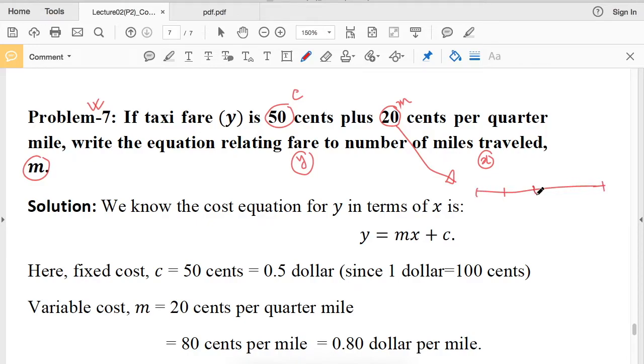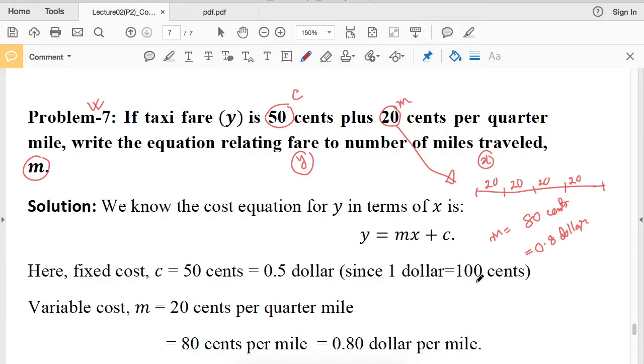Per quarter mile your amount is 20 cents. So per mile it will be 20, 20, 20 and 20, it will be 80 cents. So your m will be 80 cents, and 80 cents is equal to $0.8.